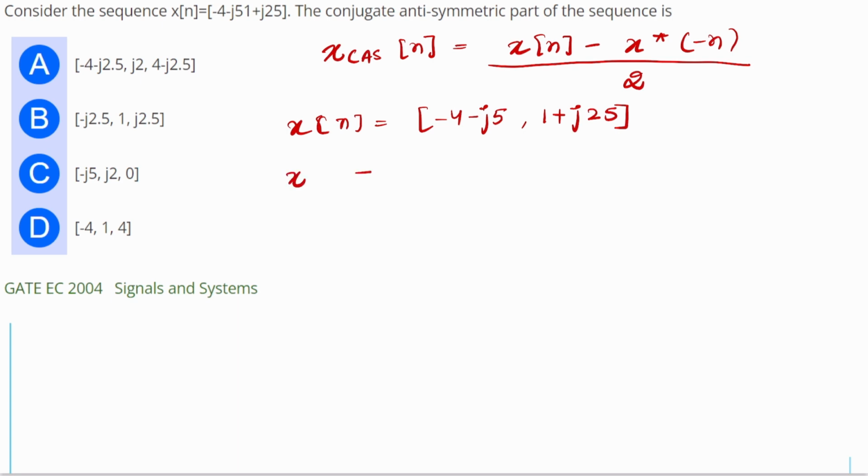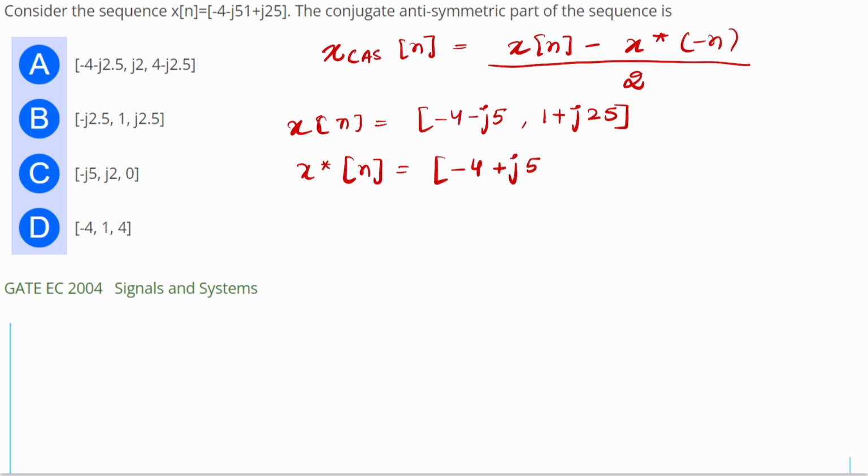Now if we find x star n, the conjugate of the above signal, it will become minus 4 plus j5.